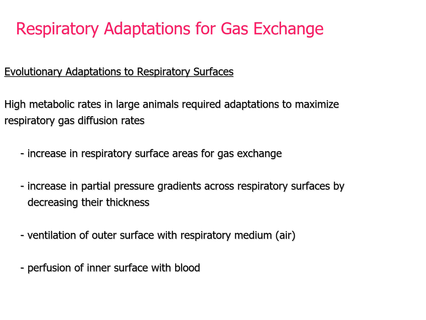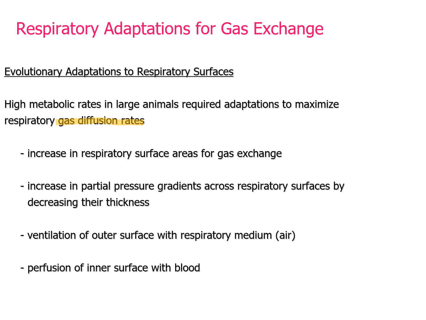Some of the common features for all of these systems in larger animals is that they all contribute to the maximization of gas diffusion rate. So all the adaptations occurring through evolution increase gas diffusion rates.